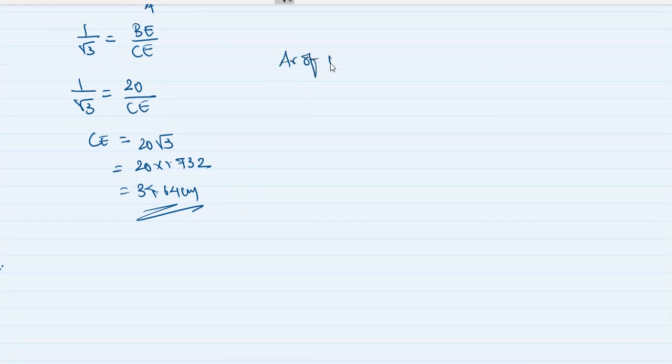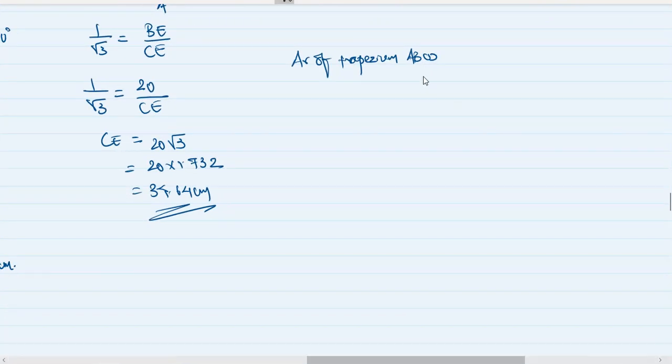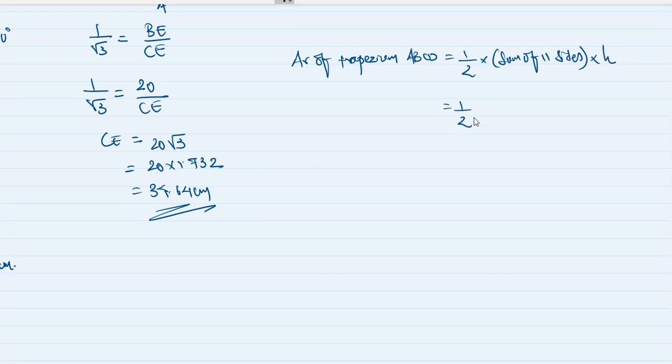So area of trapezium ABCD is half times sum of parallel sides multiplied by h, that is the distance between them.